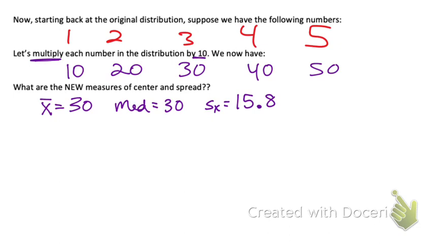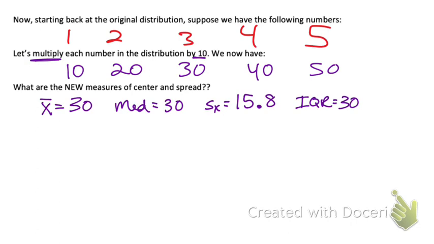What about the IQR? You think it's 30? You would be absolutely correct, sir. The IQR is 30. How did we get to 30? We multiplied the original IQR by 10. The original IQR was 3, so we multiplied by 10.